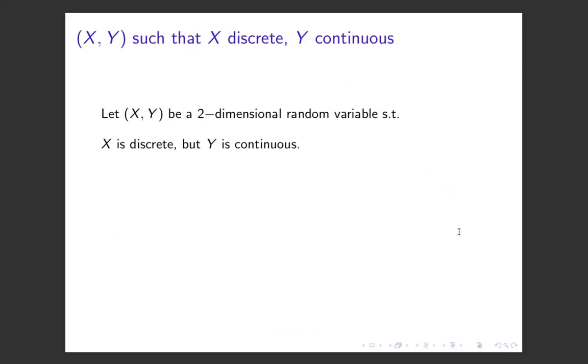So far, we have been seeing X and Y where both happen to be continuous. One can also have situations where (X, Y) is a two-dimensional random variable, but X is discrete and Y is continuous.